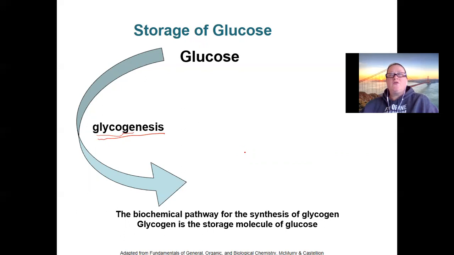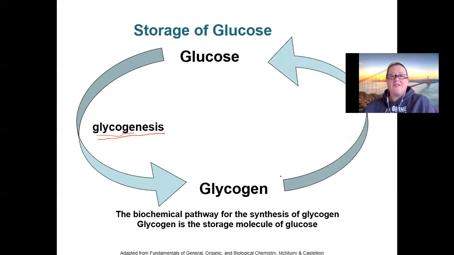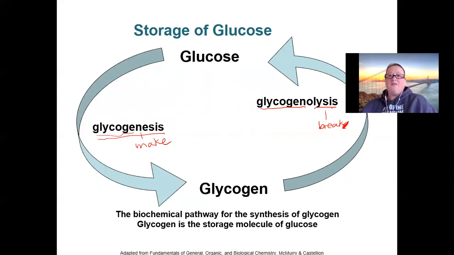Now, if we need to go to that glycogen stored in our liver and muscles because the glucose levels in our blood are getting too low, we break that glycogen down back into glucose. That's called glycogenolysis. Lysis is to break, genesis is to make.